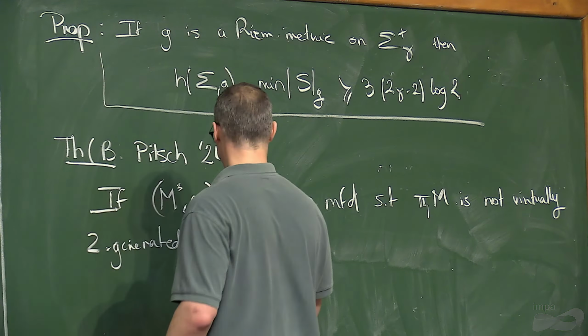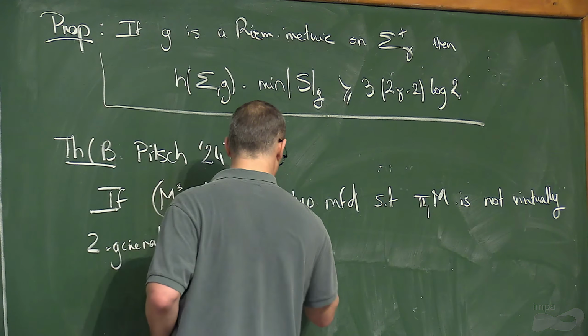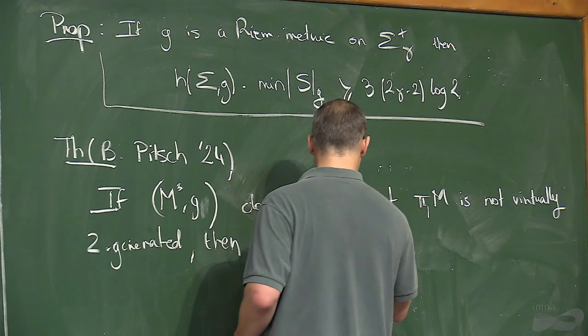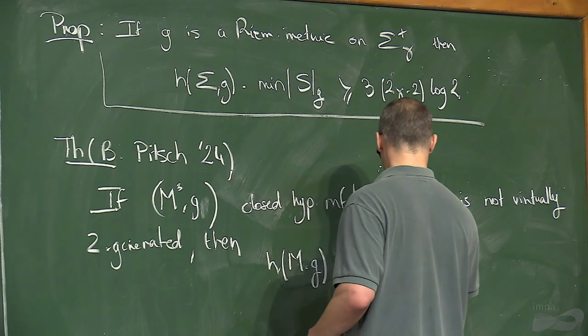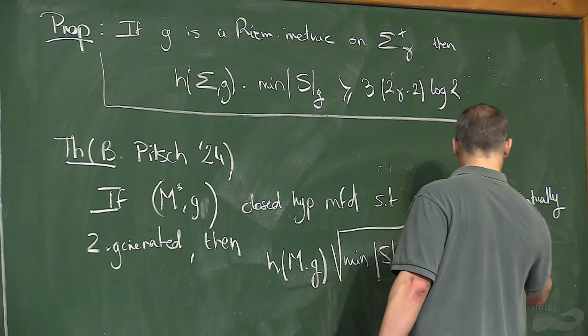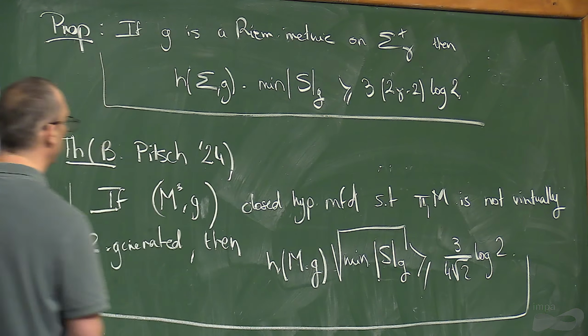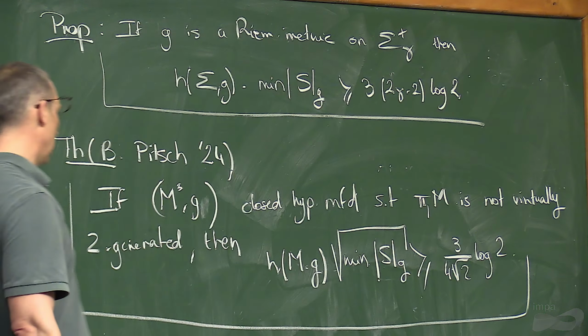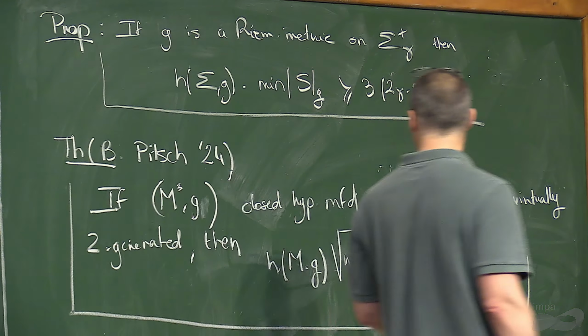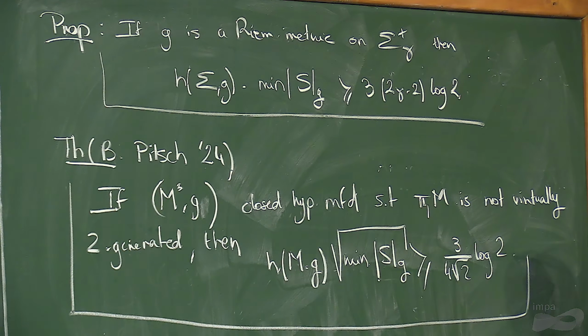Then you have the product of the volume entropy of your manifold times the spine systole, which is bigger than, so here you have to take square roots because this is like an area, some constant, which is the following. Okay, so you get the generalization of this inequality in the hyperbolic case to the variable curvature case.